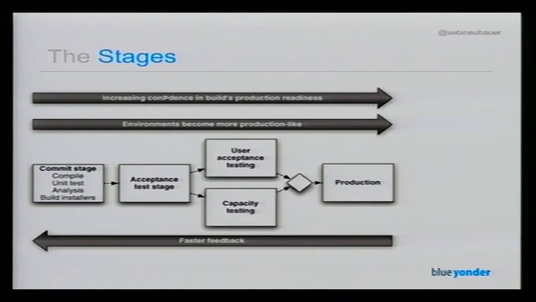If it's too expensive, okay, then you have to somehow do trade-offs here. And of course, we get faster feedback to the left. Once someone commits, the first thing is this commit stage. This is the traditional continuous integration. You commit, and then unit tests and so on. And there we get feedback in 2 minutes. And the latest feedback we get is from production, and that's the most dangerous and most expensive one.